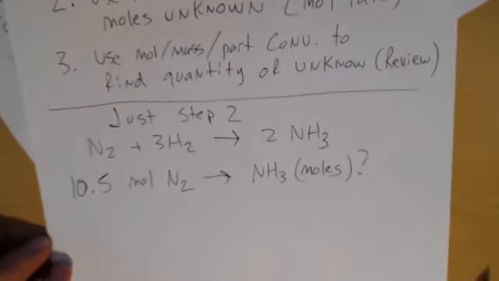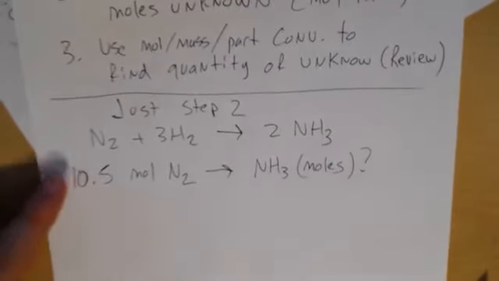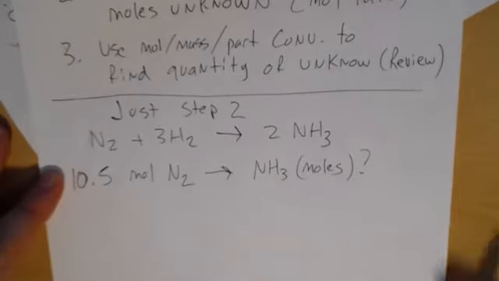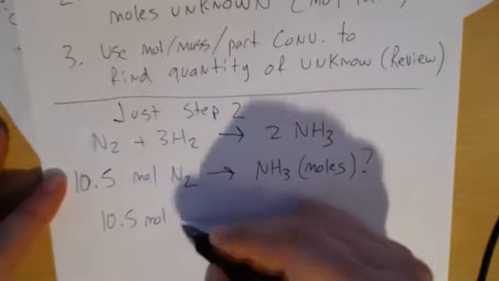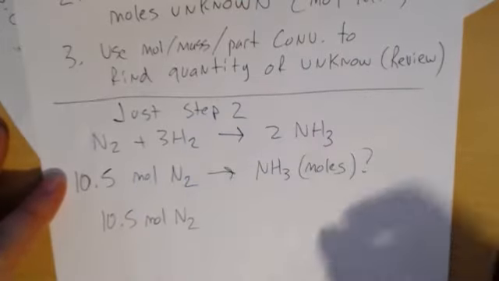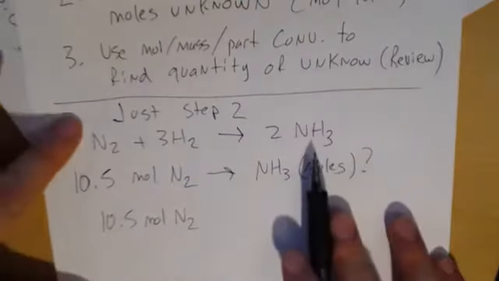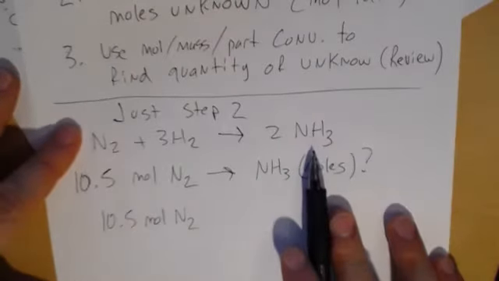Can we do that? So this is my given, 10.5 moles of nitrogen. And then what's my mole ratio between nitrogen and ammonia?